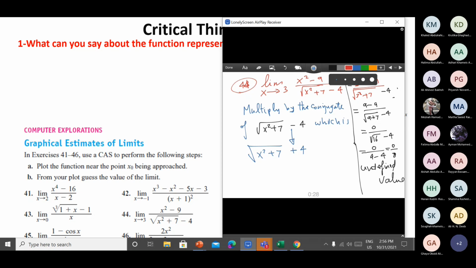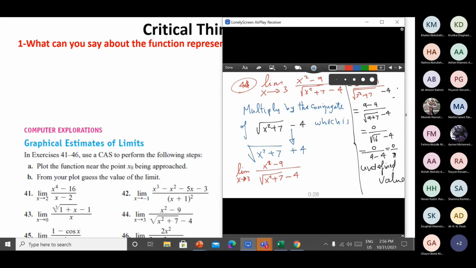So the limit when x tends to 3 for x squared minus 9 over root square of x squared plus 7 minus 4.